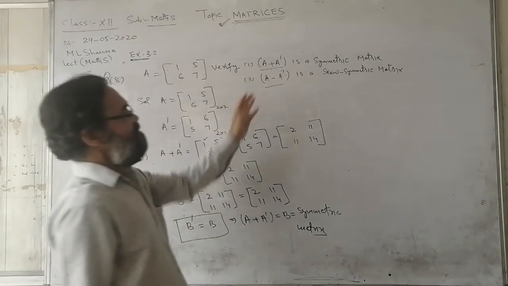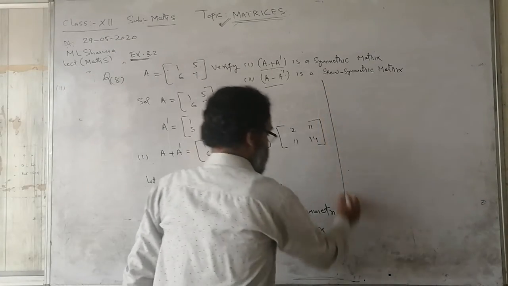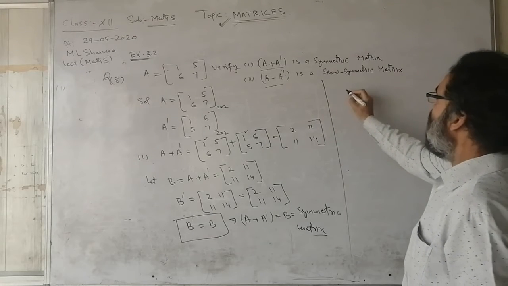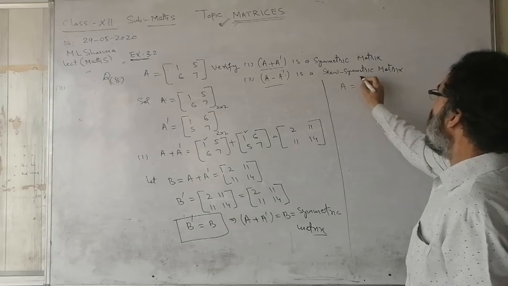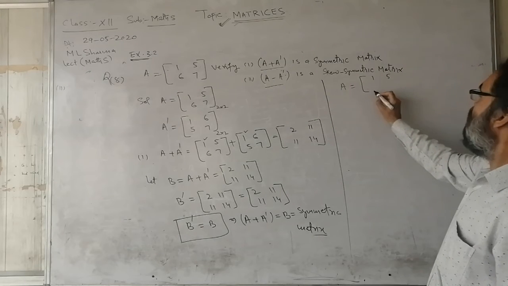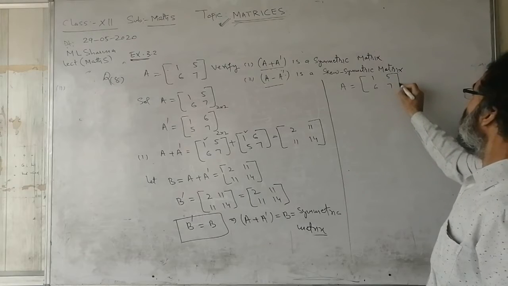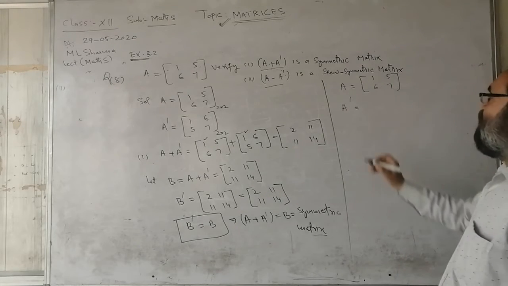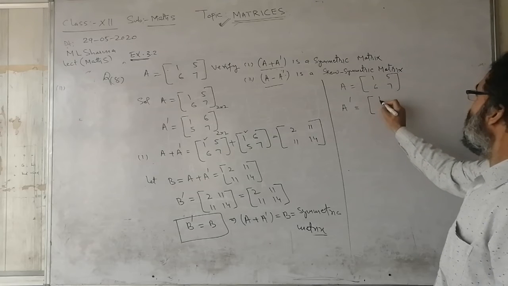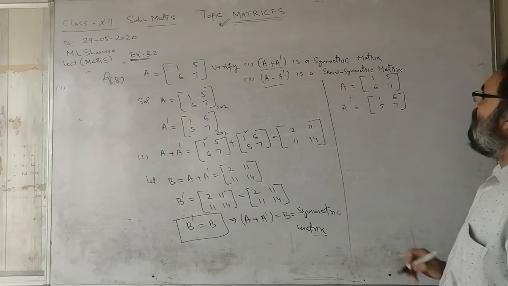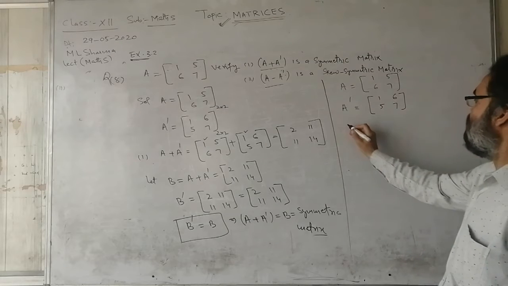Again, for this, the same steps are to be followed. A is given as 1, 5, 6, 7. Find its transpose. Its transpose will be, both are again of the same order.